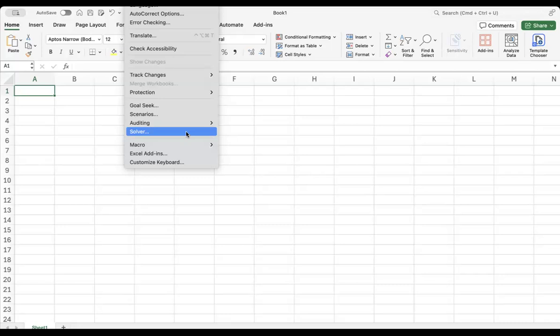Where is it? Or you can type Solver here. Ah, here you have to install it first. Not yet. Install add-ins. Click that box, and then okay.